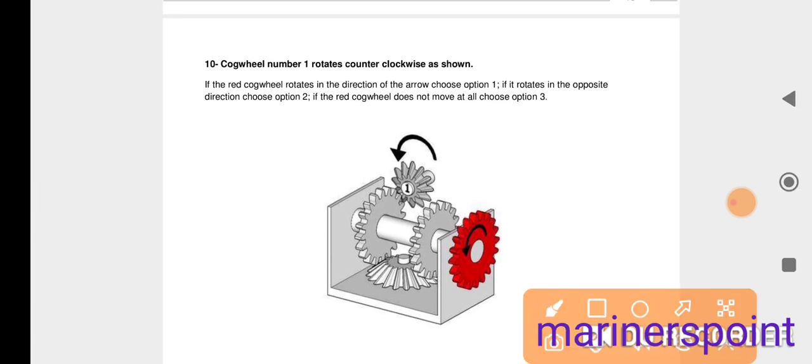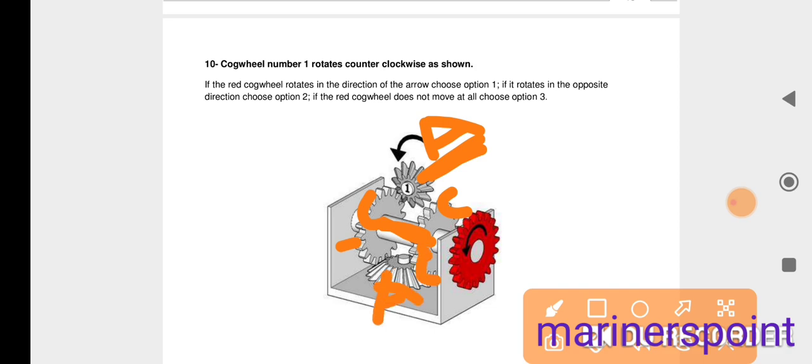Now first figure, it is rotating in anti-clockwise direction, and here the external gear is anti-clockwise, then it will be rotating in clockwise direction. Okay, this is on the same rod, then it will be rotating clockwise, and also you can come here like this, clockwise, then it will be anti-clockwise, then it will be clockwise.